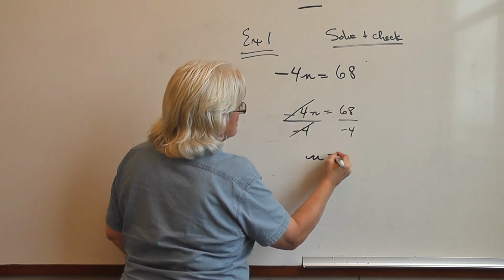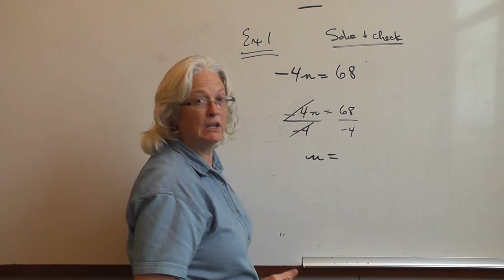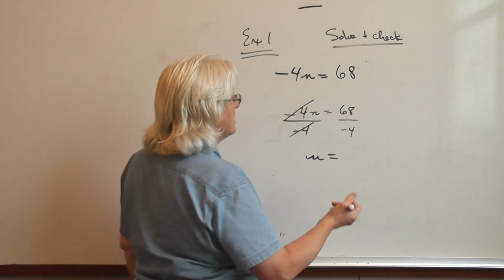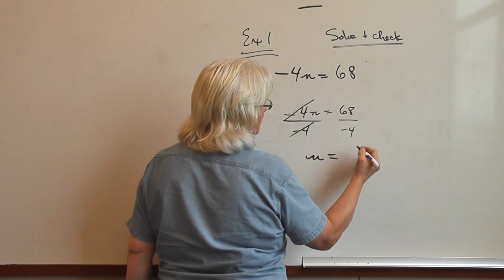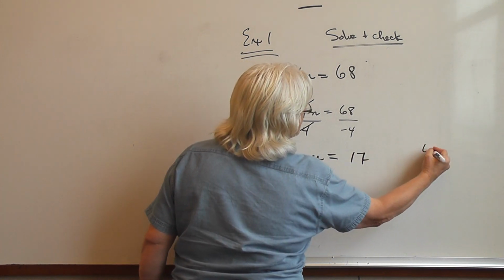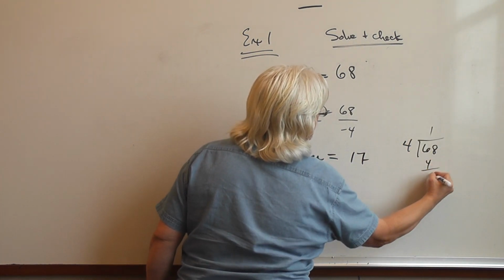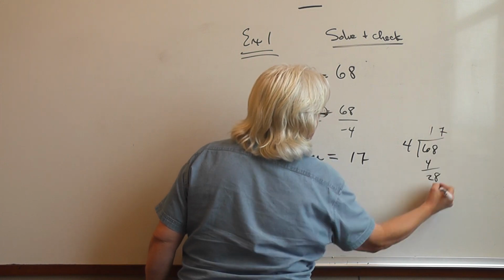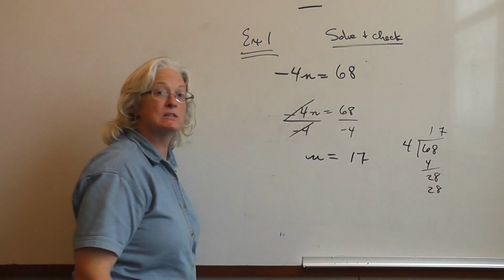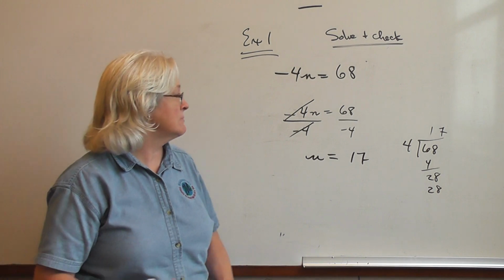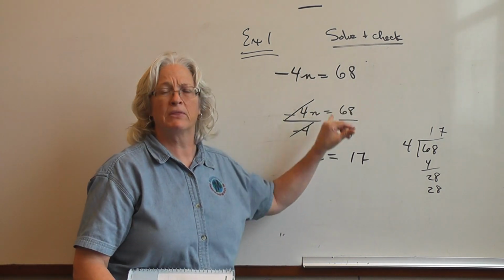So n is equal to, now if you need to do this division out by the side, that would be perfectly fine. You have 68 divided by 4, 17. So you just divide 68 by 4, not even worrying about the sign.